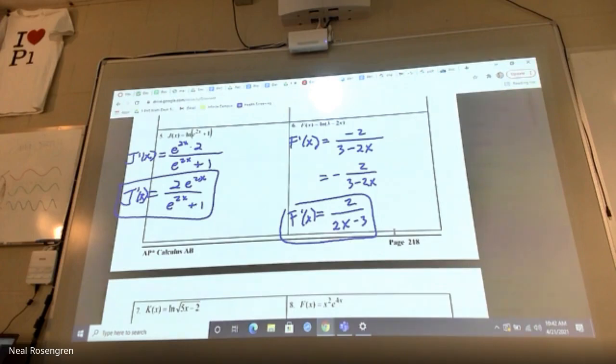It was backwards. It's negative 2x plus 3. And so if I can absorb negatives in order to reorder subtraction, it's kind of nice. Not critical.